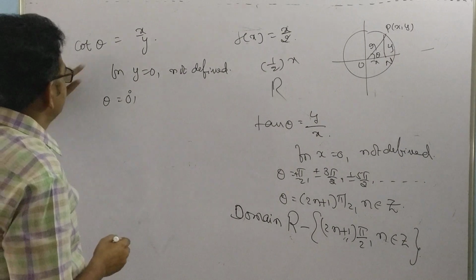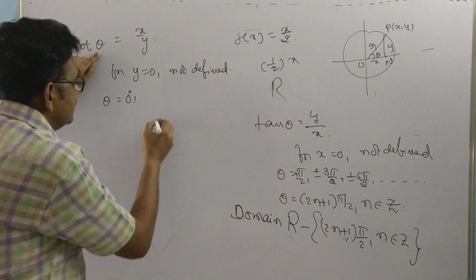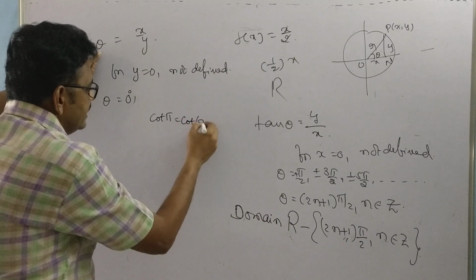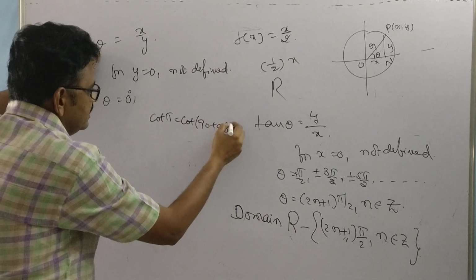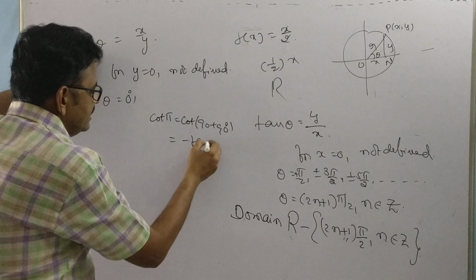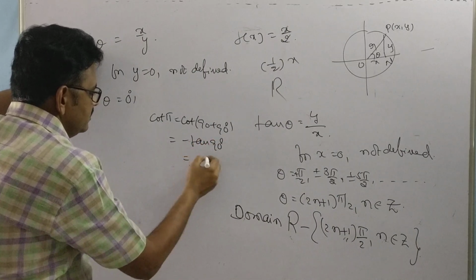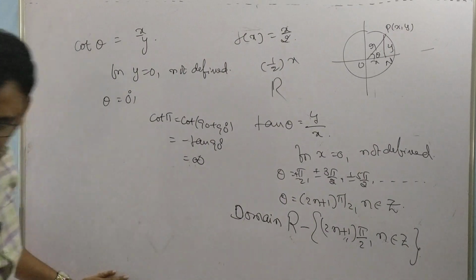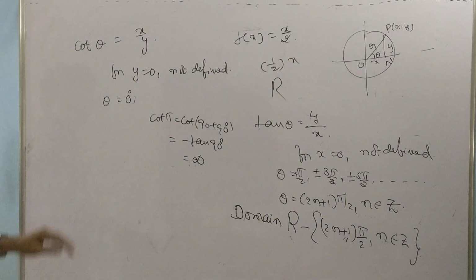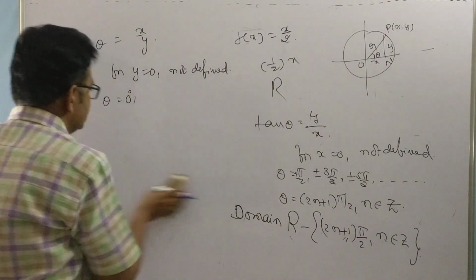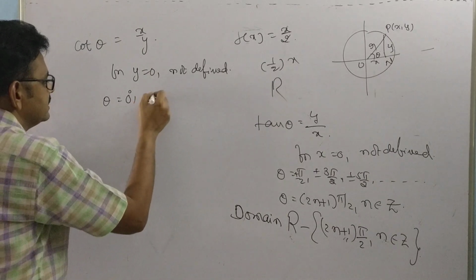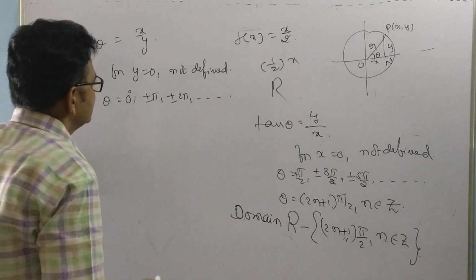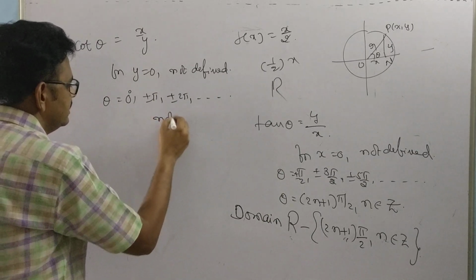Suppose you take theta equal to pi, cot pi. What is cot pi? 180 is 90 plus 90, so cot of 90 plus 90 is equal to minus tan 90, that is infinity. That means not defined. So for theta equal to 0 degrees, plus or minus pi, plus or minus 2 pi, and so on, it is not defined.